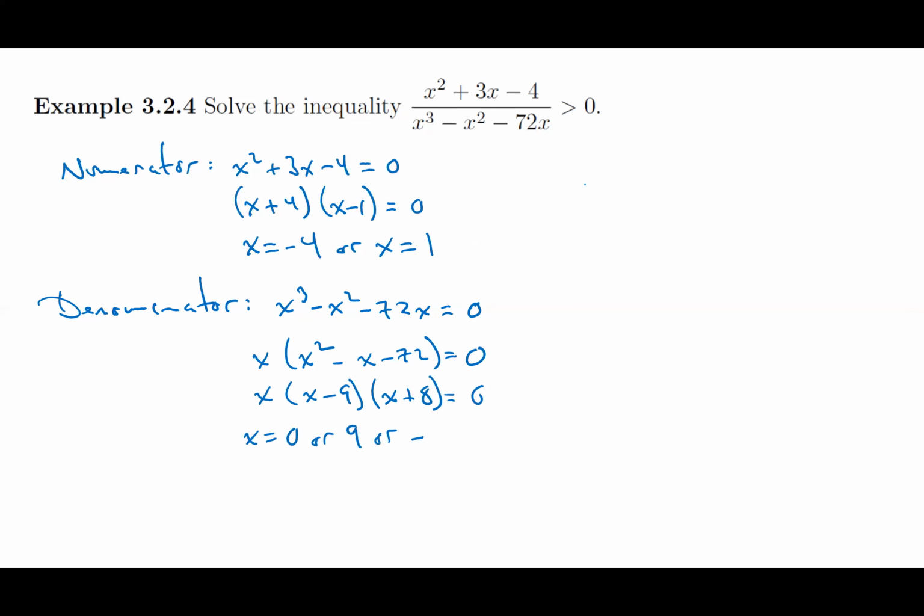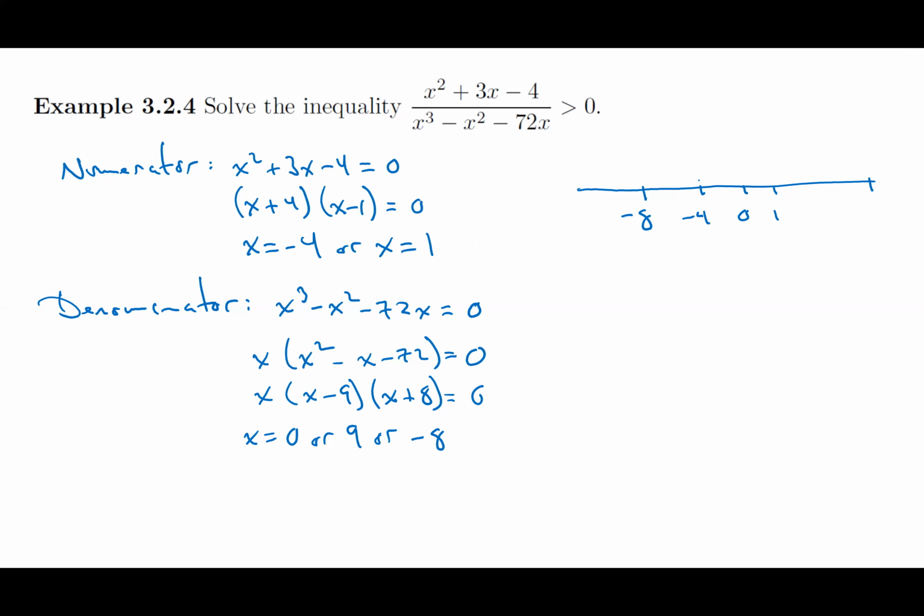So what we've done is we've partitioned the number line. There's negative 8. Here's negative 4. Again, I'm eyeballing 0, 1, and then way out here we have 9, okay?